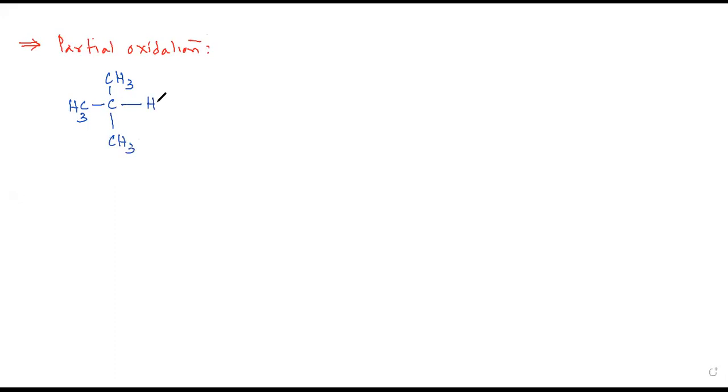Say this one has a 3-degree hydrogen. Now this on oxidation using alkaline KMnO4, which provides a nascent oxygen, you get an alcohol.